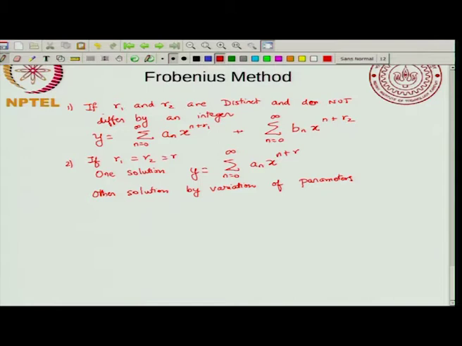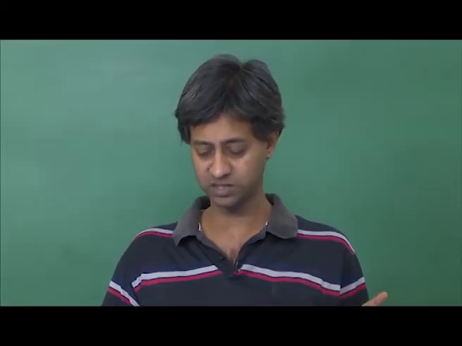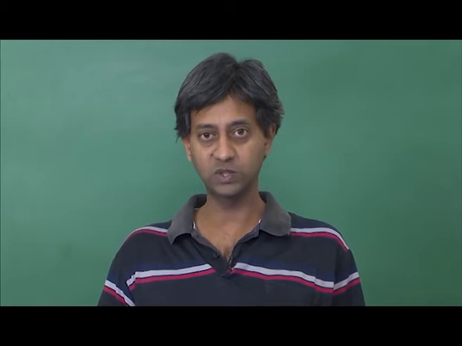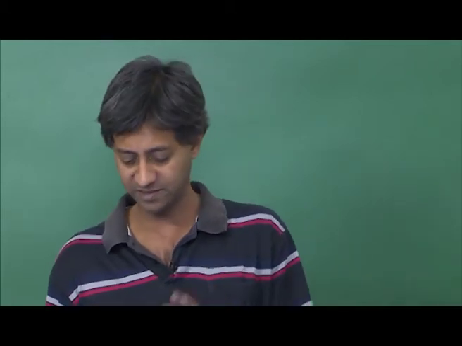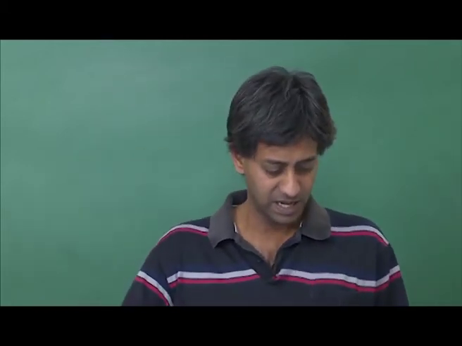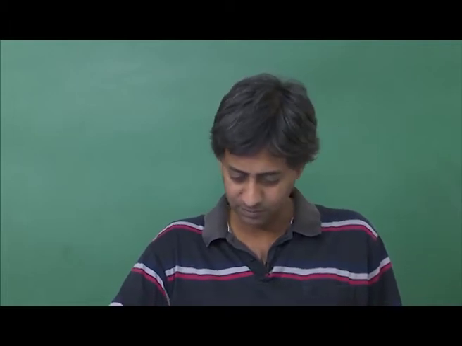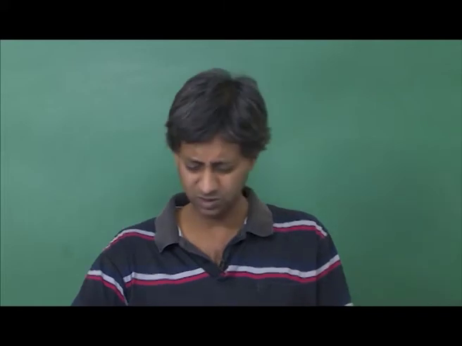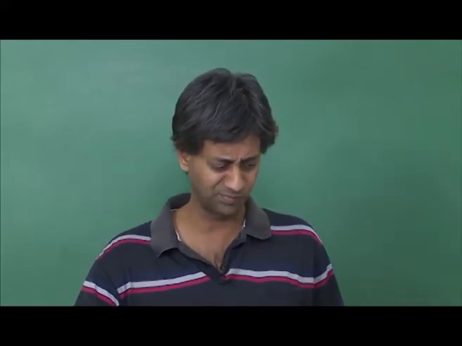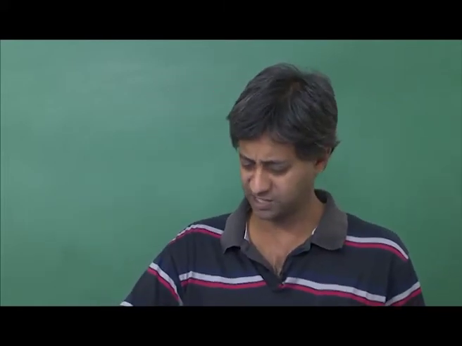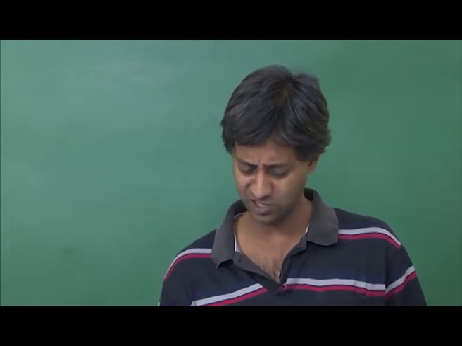We have already seen that if you have a homogeneous equation, the general solution has two undetermined constants, so it has two independent solutions. If you have one solution, you can get the second solution using variation of parameters. I won't bother showing what variation of parameters does, but in general you can do this.